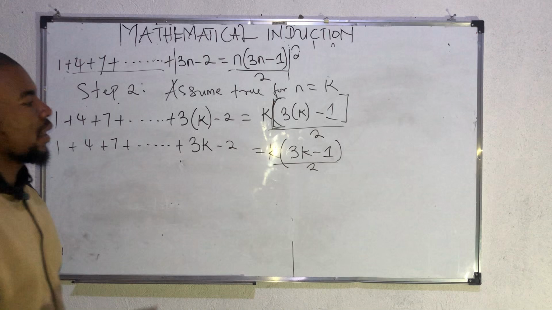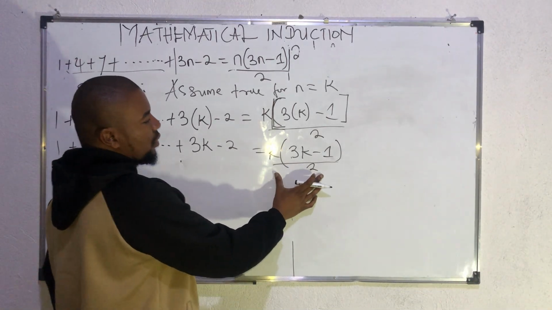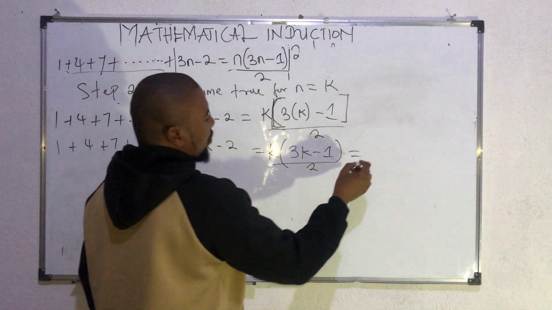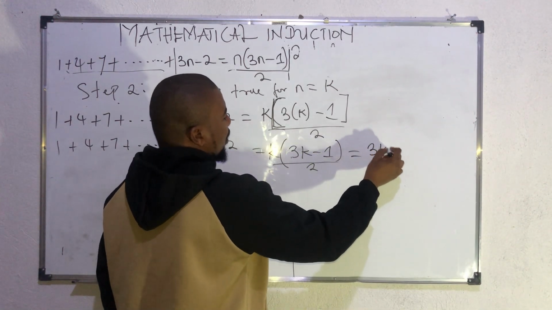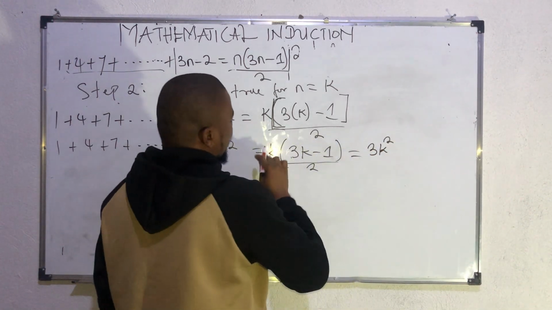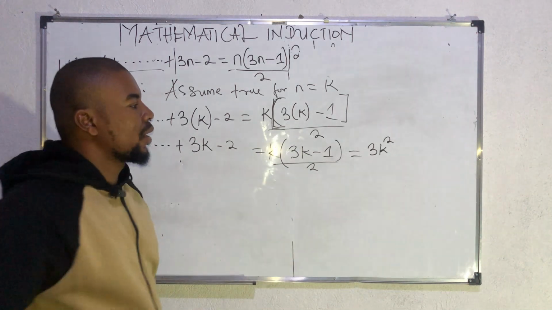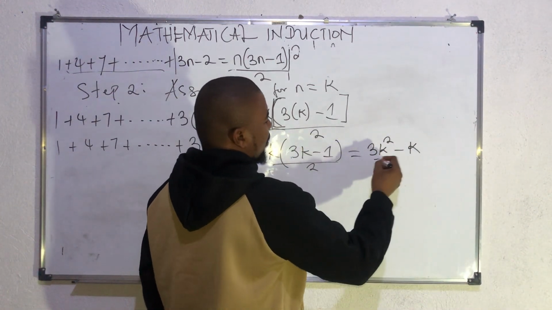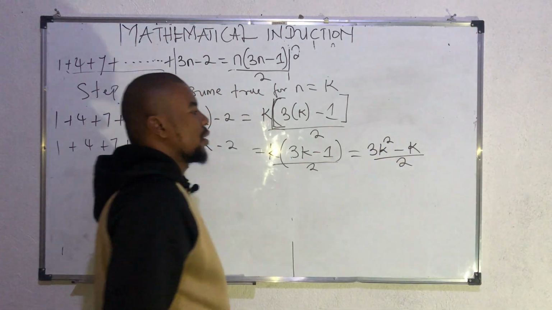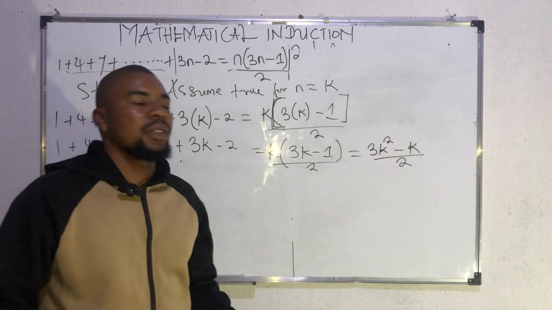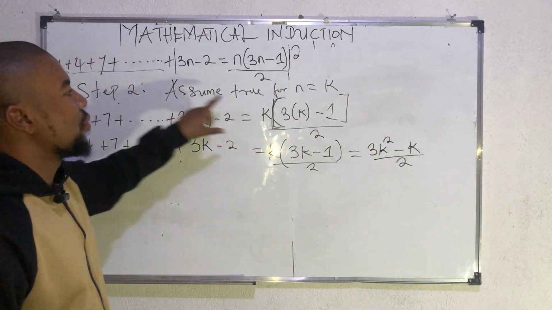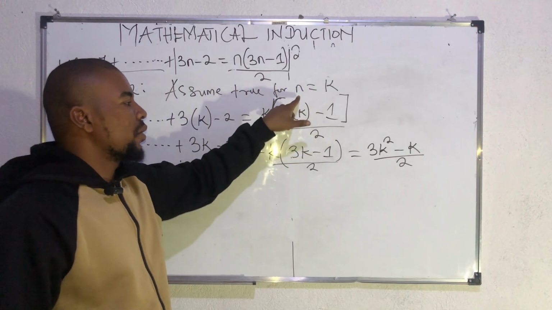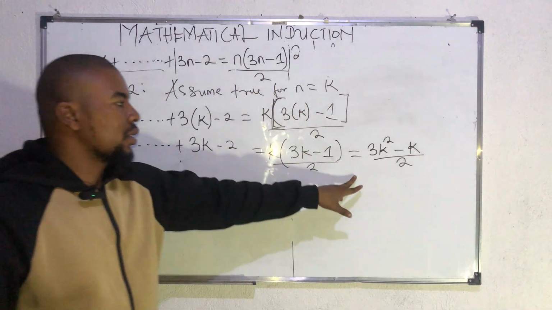Okay, so I can go ahead and still multiply this further. This would also give us k multiplied by 3k will give us 3k squared. k multiplied by negative 1 will give us negative k all over 2. Okay, so we have assumed true for n is equal to k, where we substituted a k for n. And this is what we have gotten.